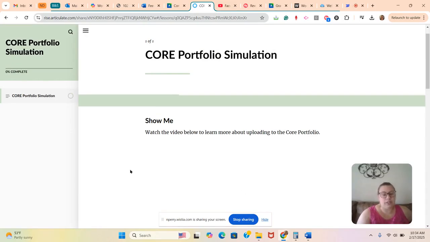This portfolio is going to be really important for you as you go on. It is a way for you to keep track of everything throughout your education here at Bryant and Stratton.